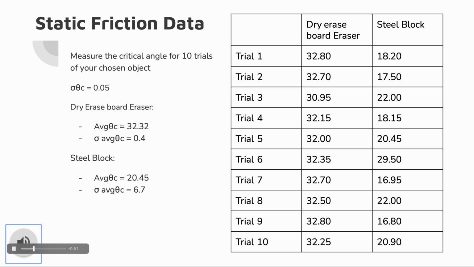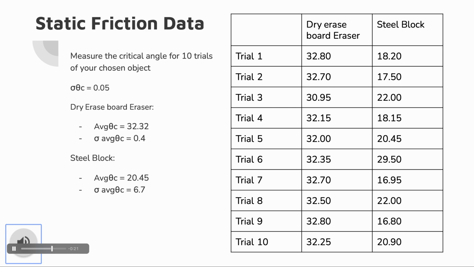So the uncertainty in our critical value was 0.05, and we determined that based on the digital angle gauge, which measured at 0.05. And then for our dry erase board eraser, we got an average critical angle of 32.32 with an uncertainty in the average critical angle of 0.4.